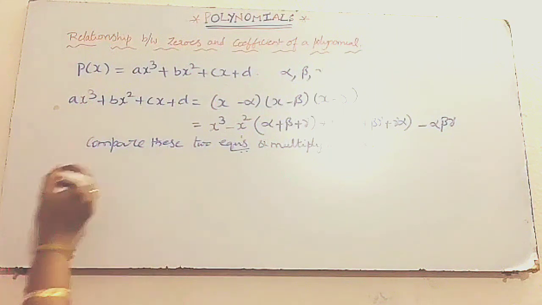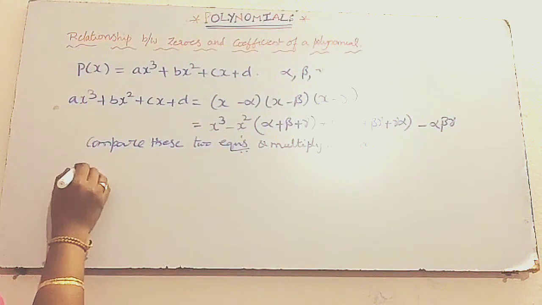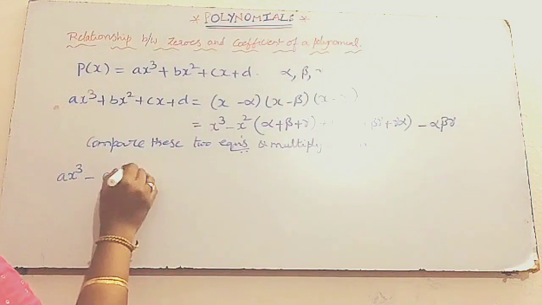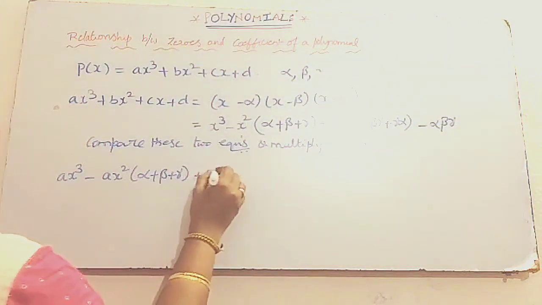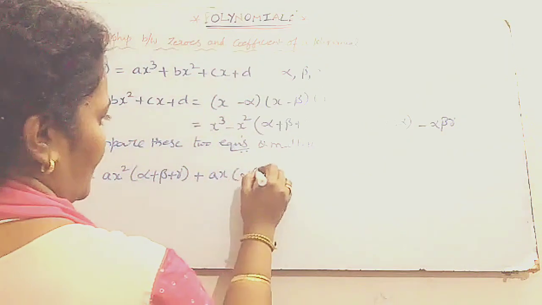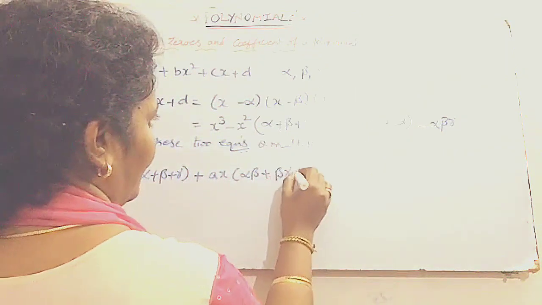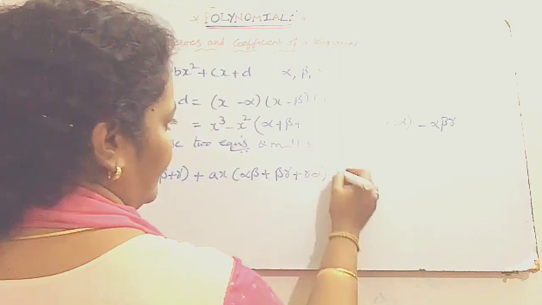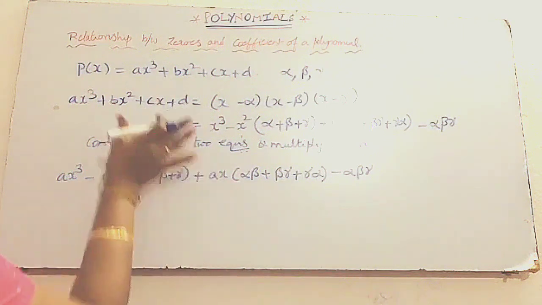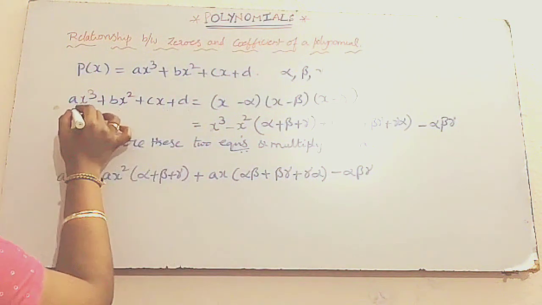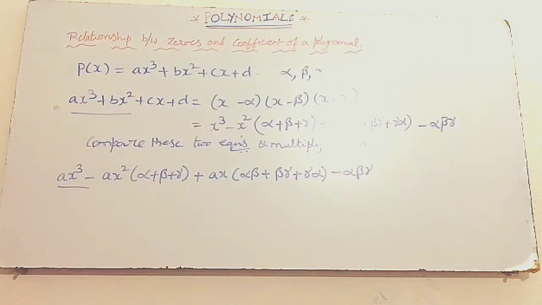Then we will get ax cube minus ax square into alpha plus beta plus gamma, plus ax into alpha beta plus beta gamma plus gamma alpha, minus a alpha beta gamma. So now compare these two equations.